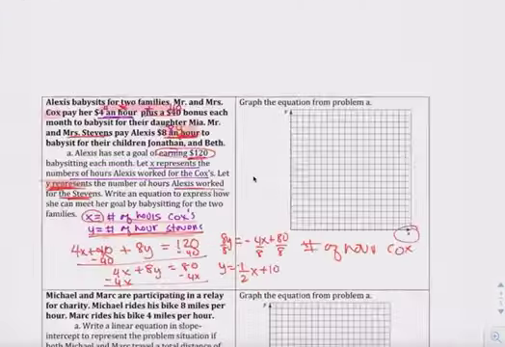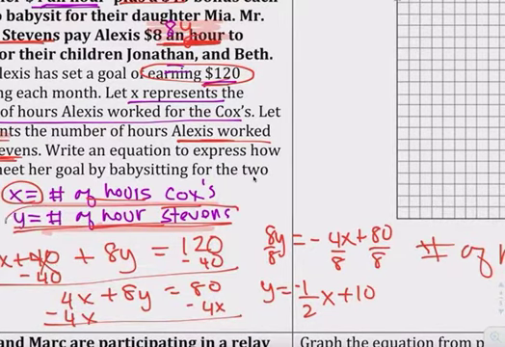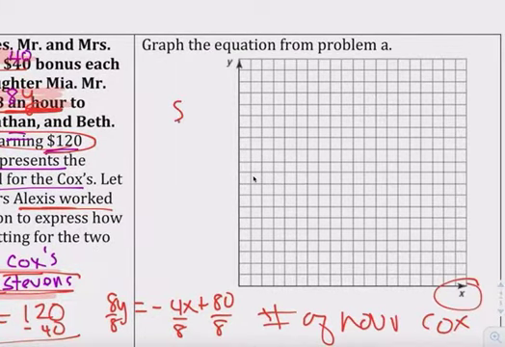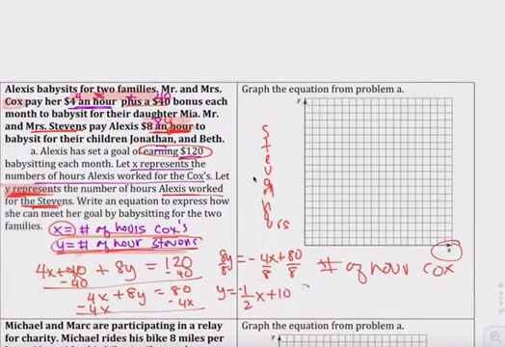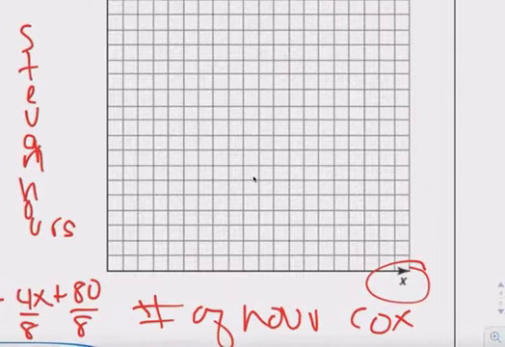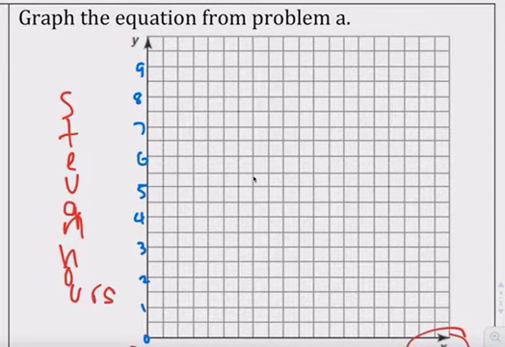So you're going to graph this. X is the number of hours worked at Cox. Y is the Stevens hours. Okay, I'll use blue. We're going to graph this. Y-intercept's at 10, so we're going to number it. I can do 1, 2, every 2: 4, 6, 8, 10.